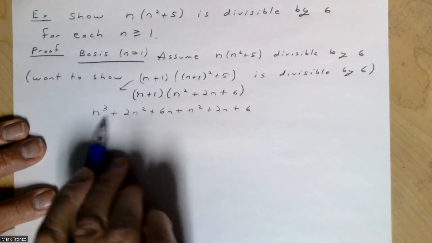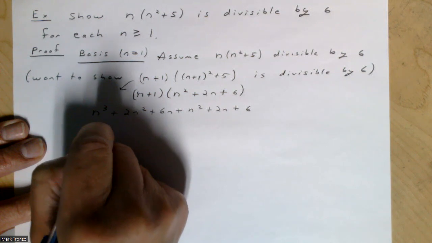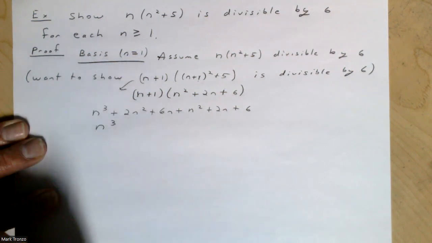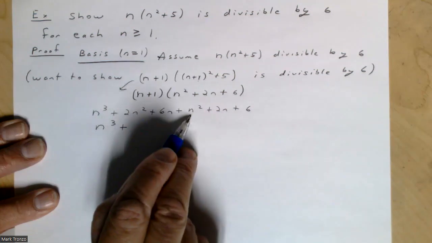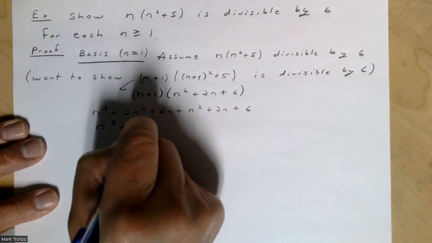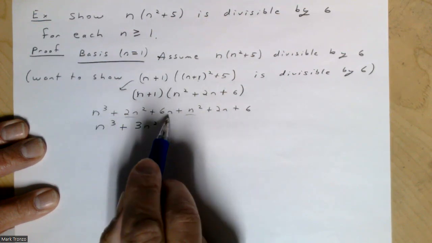And then let's sort of combine terms. What are we going to have? This is going to be n cubed plus 3n squared. I put the n squareds together.